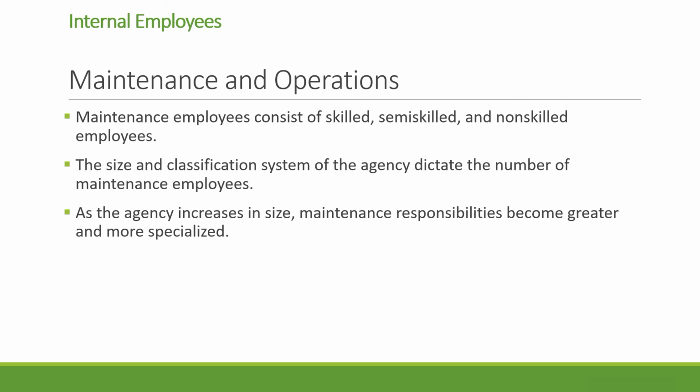For example, Memorial has a very large facility maintenance and operations staff, whereas a community center may just have one person. And as the agency increases in size, maintenance responsibilities become greater and more specialized.